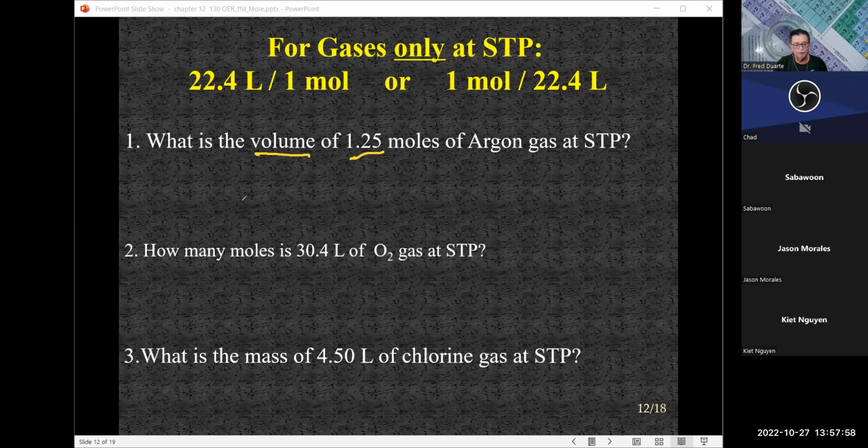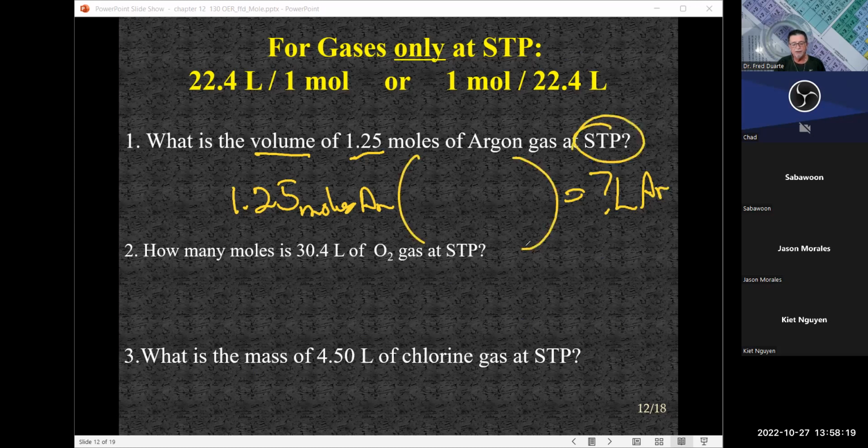As with any question we've been doing to date, we write down what we're given. We have 1.25 moles of argon, and we need to get to volume of argon. That's what we're looking for. So since we are at STP, we can use that relationship where we need moles in the denominator and liters up on top.